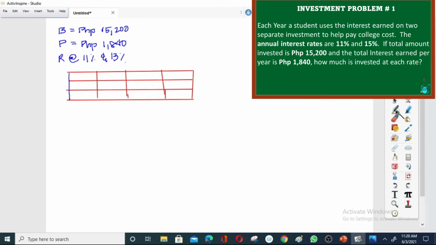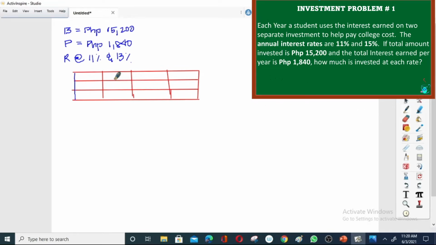Let's fill up the table. We have the base multiplied by the rate, which is equal to the percentage. The total invested money is 15,200.